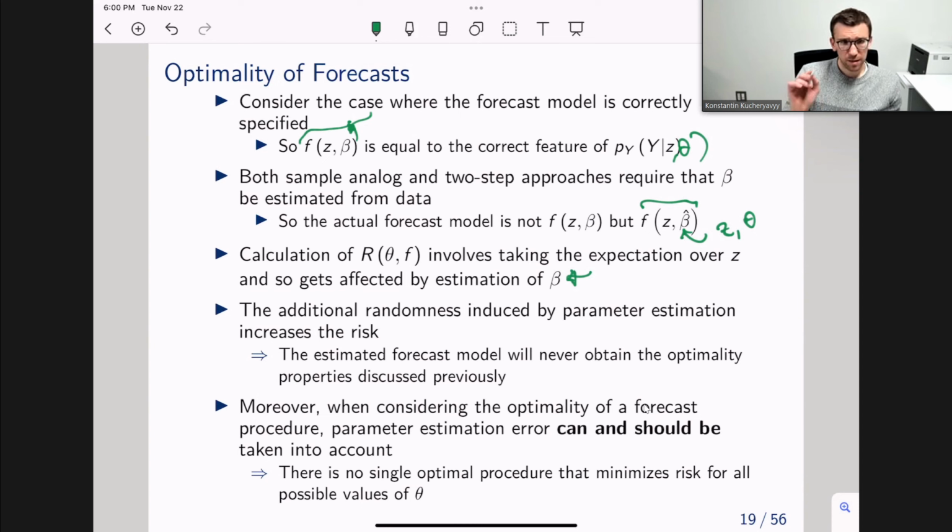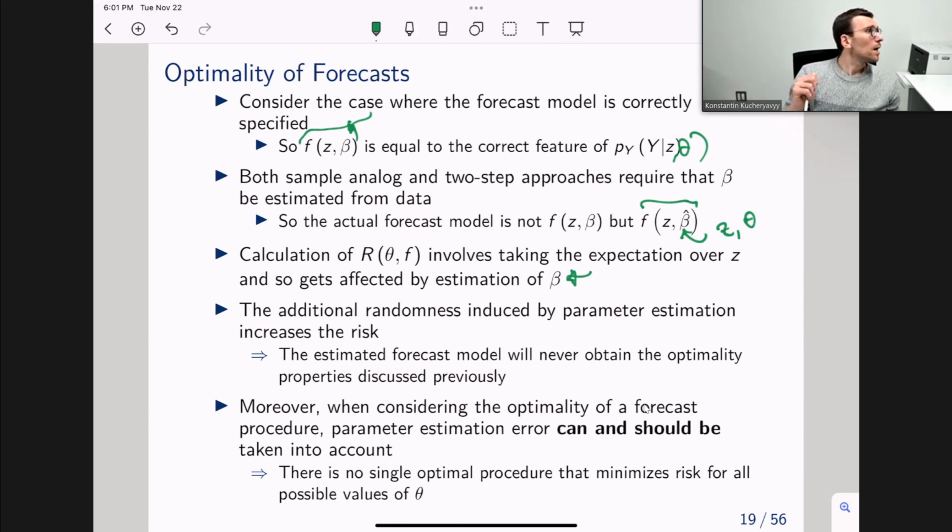The additional randomness induced by this estimation of beta can increase risk, and we are going to consider an example in a second. One implication of this is that the estimated forecast model will never obtain the optimality properties discussed previously.